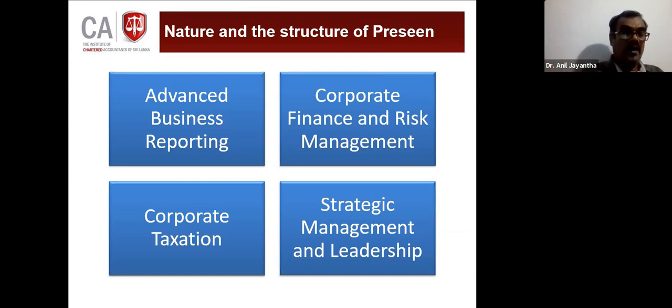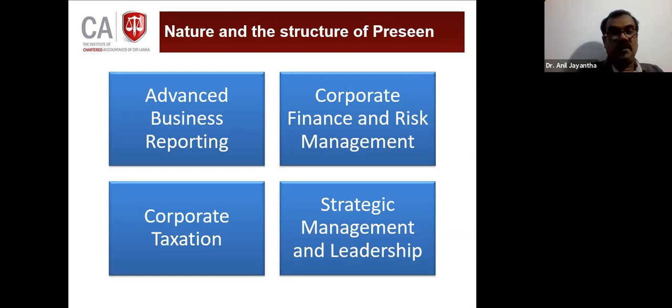This is the area where reporting matters. So mind that to understand the facts given in the pre-seen, it is really paramount important for you to have adequate knowledge about these subject-specific facts.